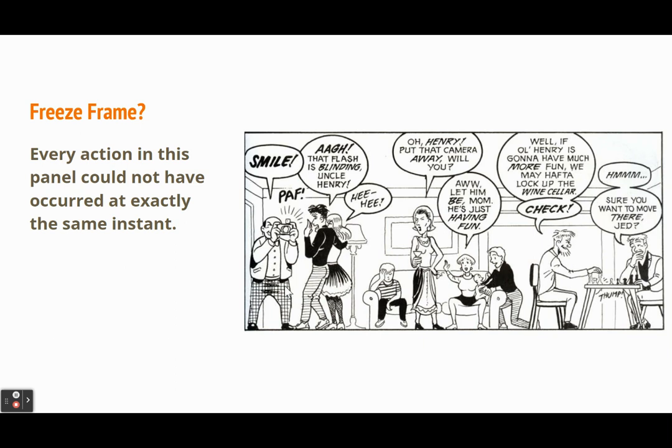You have somebody telling mom to stop being a Karen or a Madge. You have two old guys in the corner snickering. All of those things cannot happen at the same time. He cannot yell smile. They cannot giggle. He cannot get scolded. They cannot react to what they're hearing in the background at the same time.